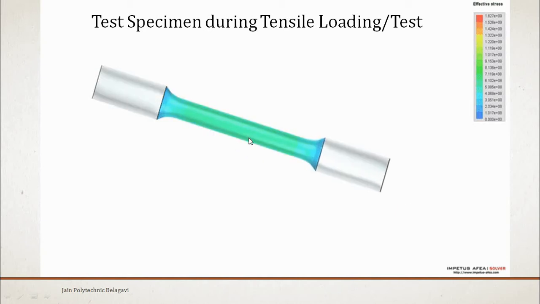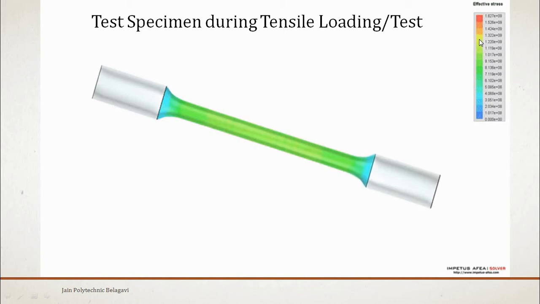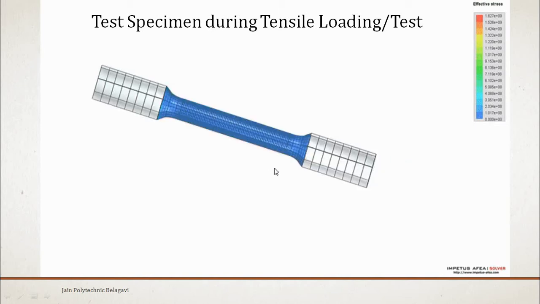It is now blue, slowly turning to green, then at yellow level, the stress is increased again. See, neck formation is there, red color, and the bar breaks.